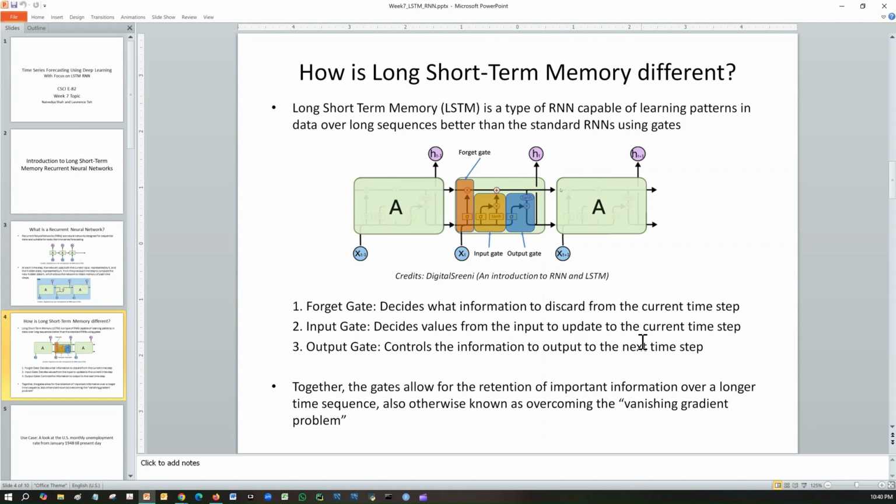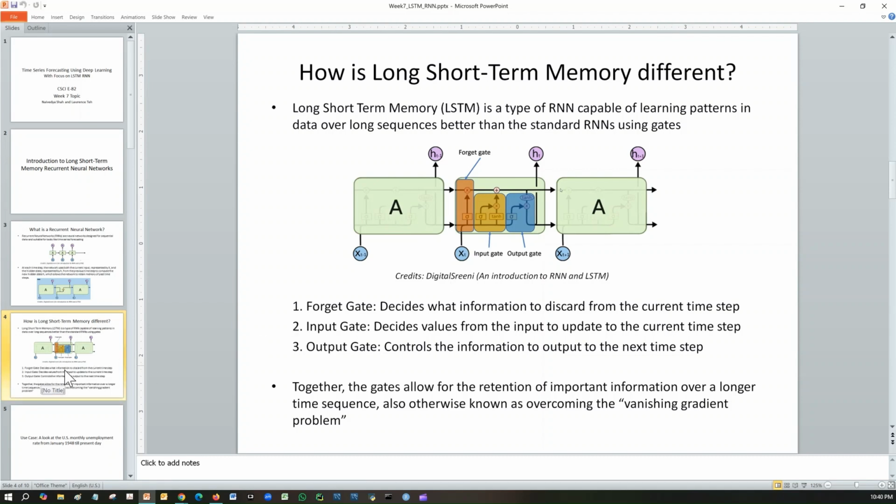So LSTM is better able to retain information over a longer time period. So it is an excellent technique for forecasting time series, especially over a longer period of time, using more historical data points.